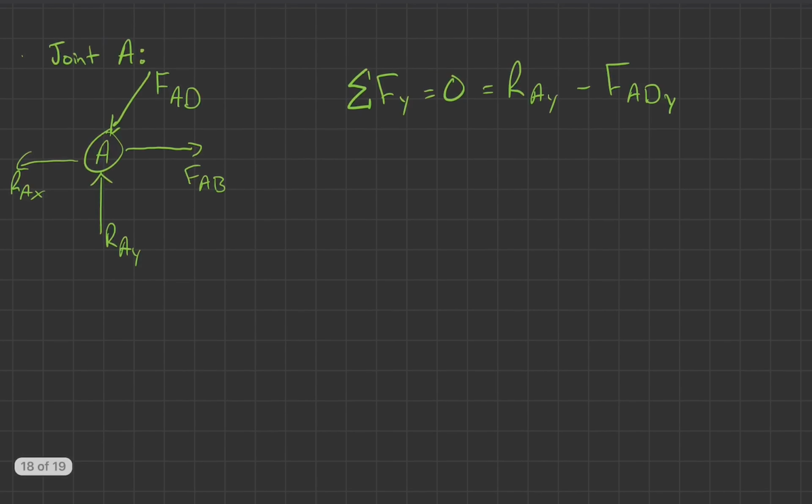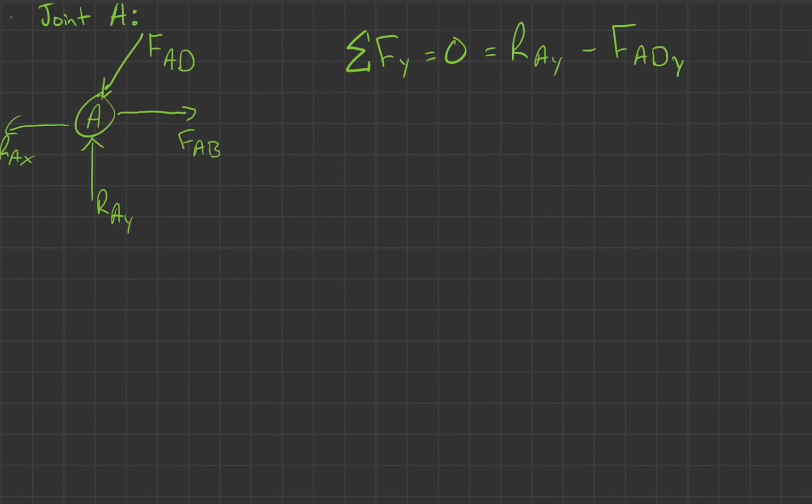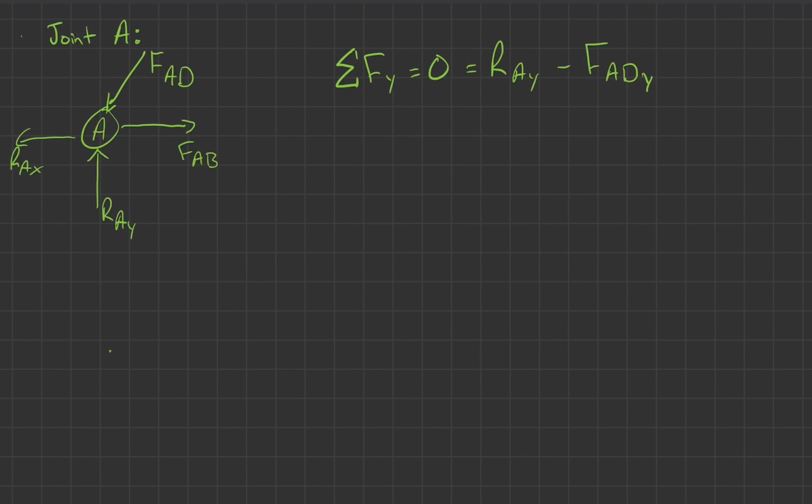So we break this guy into components, it looks a little something like this. At A, we would have RAX going this way, RAY going this way, FAB going this way, and then we would also have FAD in the Y direction, and then it would also go here, FAD in the X direction.